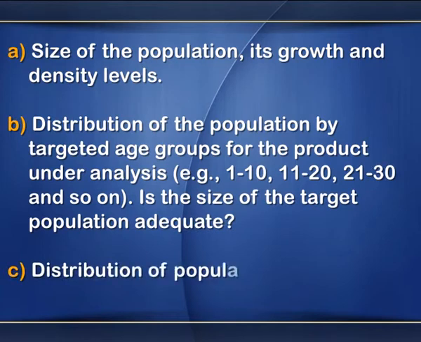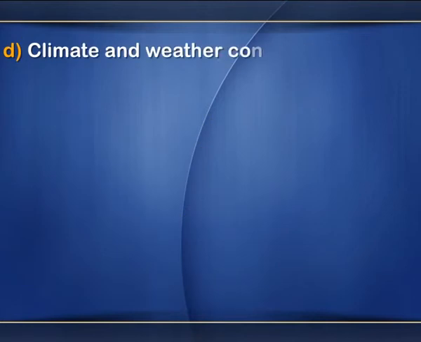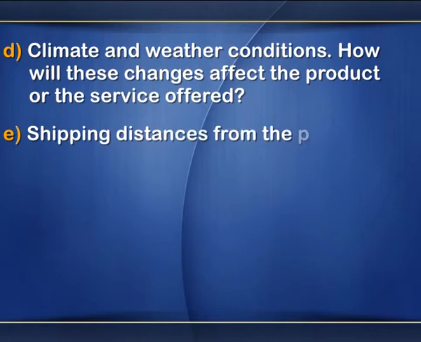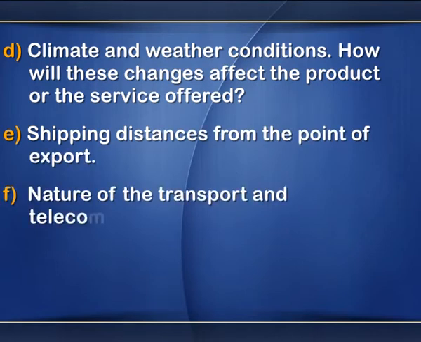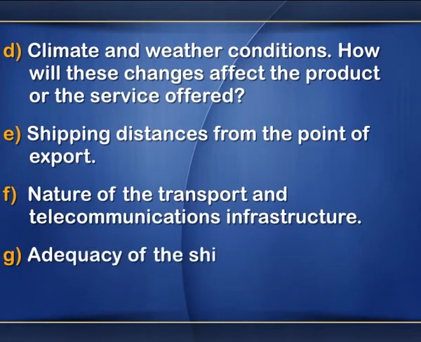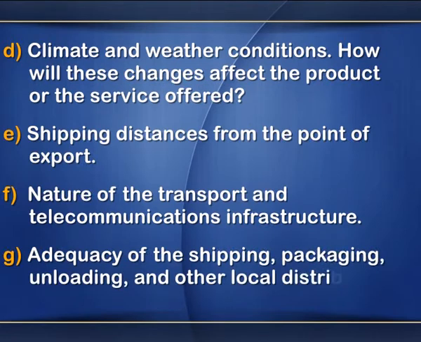C. Distribution of the population by urban, suburban and rural areas. D. Climate and weather conditions. How will these changes affect the product or the service offered? E. Shipping distances from the point of export. F. Nature of the transport and telecommunication infrastructure. G. Adequacy of the shipping, packaging, unloading and other local distribution networks.